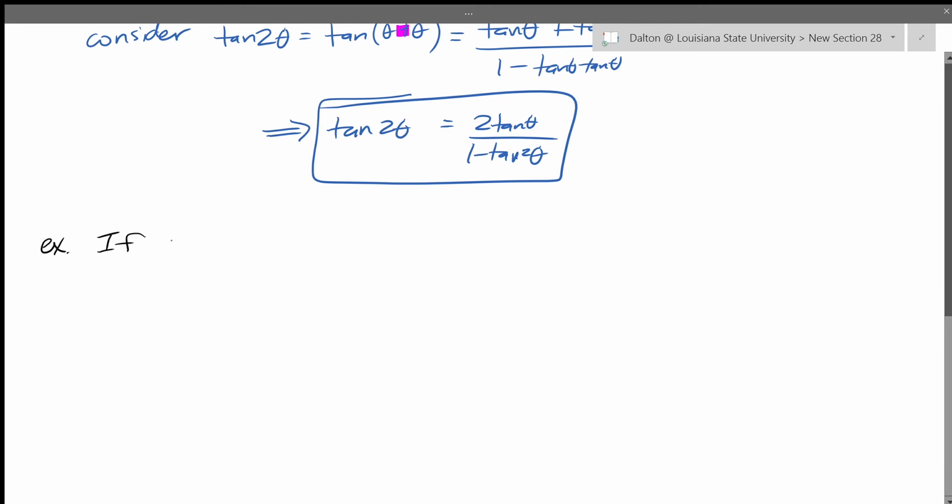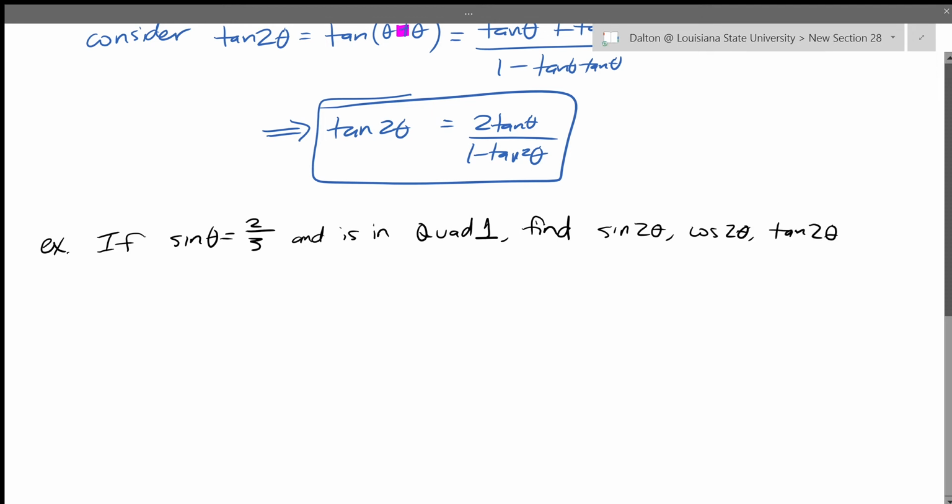If the sine of theta is equal to 2/3 and is in quadrant 1, I want you to find the sine of 2 theta, cosine of 2 theta, and the tangent of 2 theta.